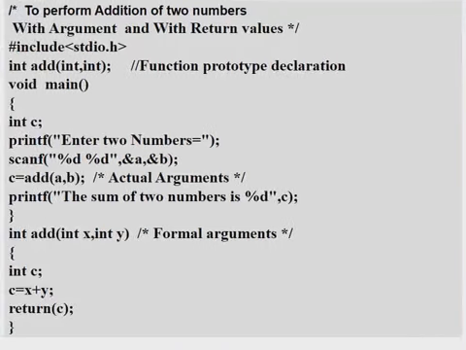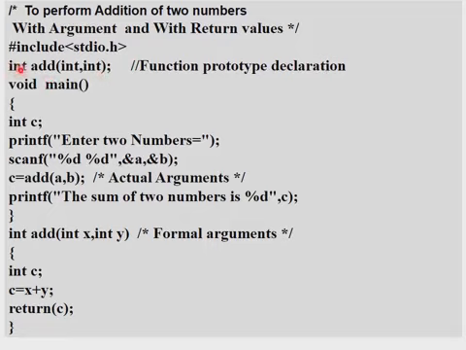Now the last category of our functions is with arguments and with return values. The same example of the addition of two numbers we will carry here. Now we have the arguments also, and we will return something from this function also. So how can we define this type of function? This is a function prototype declaration, or the function prototype statement.